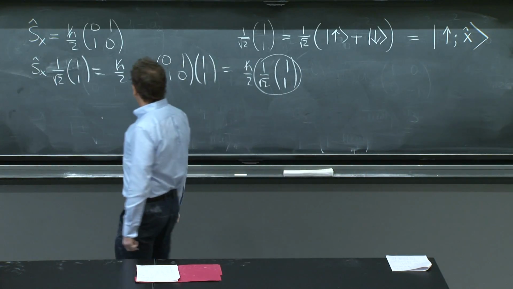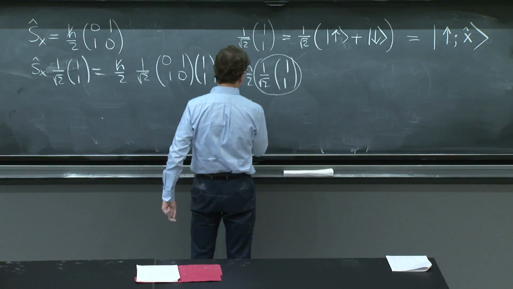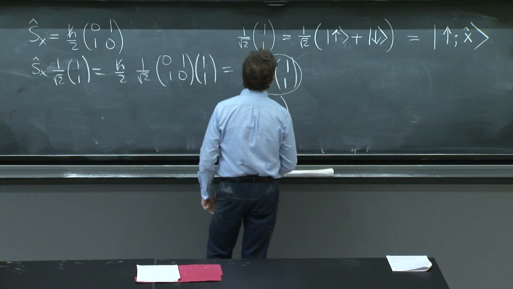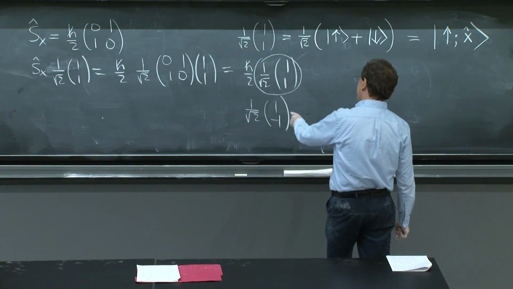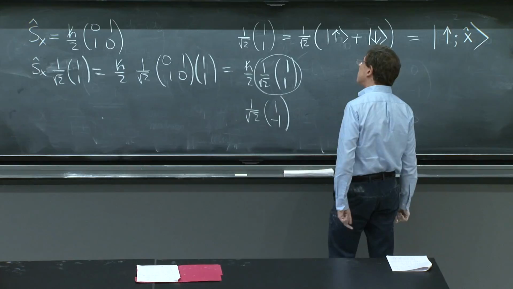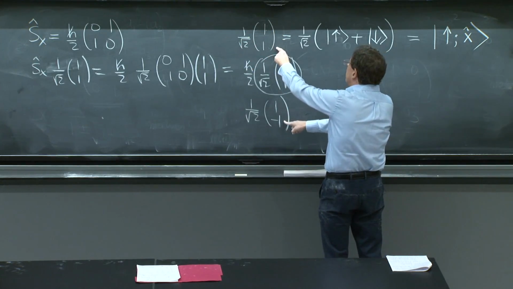It may not be too surprising for you to imagine that if you put 1 over square root of 2 times (1, minus 1), that vector is orthogonal to this one. Yes, you do the transpose, and this one is orthogonal.